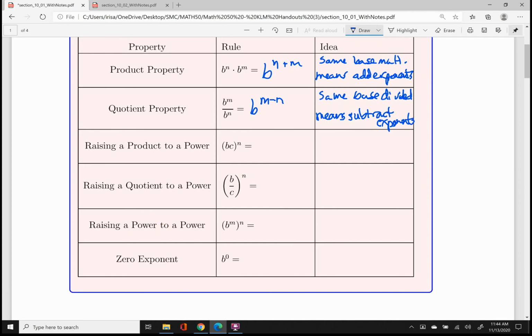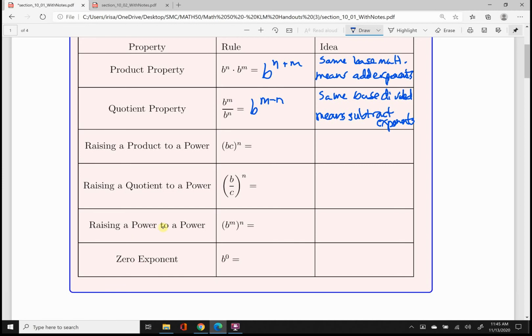Okay, now what if you have a product inside of a quantity, so inside of these parentheses here, and they're collectively raised to a power? Well, how do you simplify that? This is called power of a product rule, okay? They call it raising a product to a power, which I think is a little bit more wordy and unnecessary.